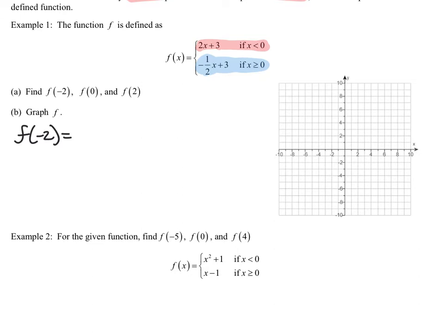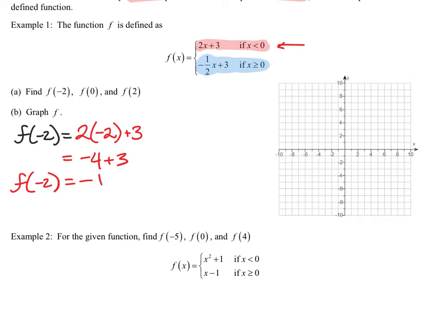In this case, x is less than 0, so I'm going to use that red equation, since that's where the domain is. Just multiplying and adding here, you would know that f of negative 2 is equal to negative 1.